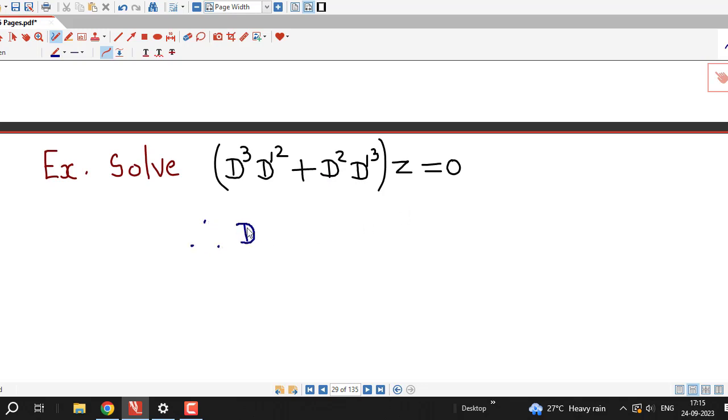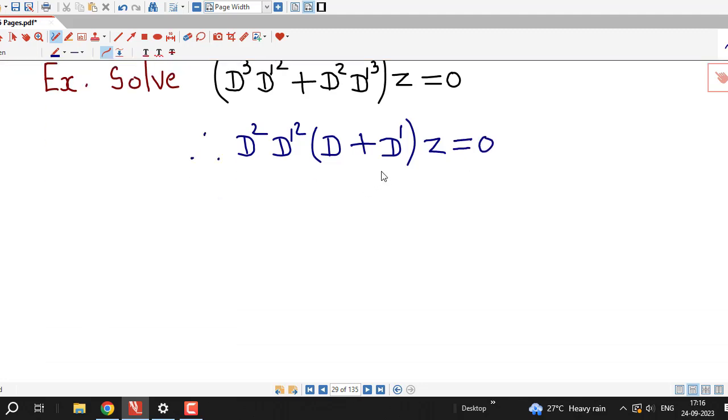If you observe, we can take D square D dash square common, and here we are left with D, and here we are left with D dash, z equal to 0. First we solve this.